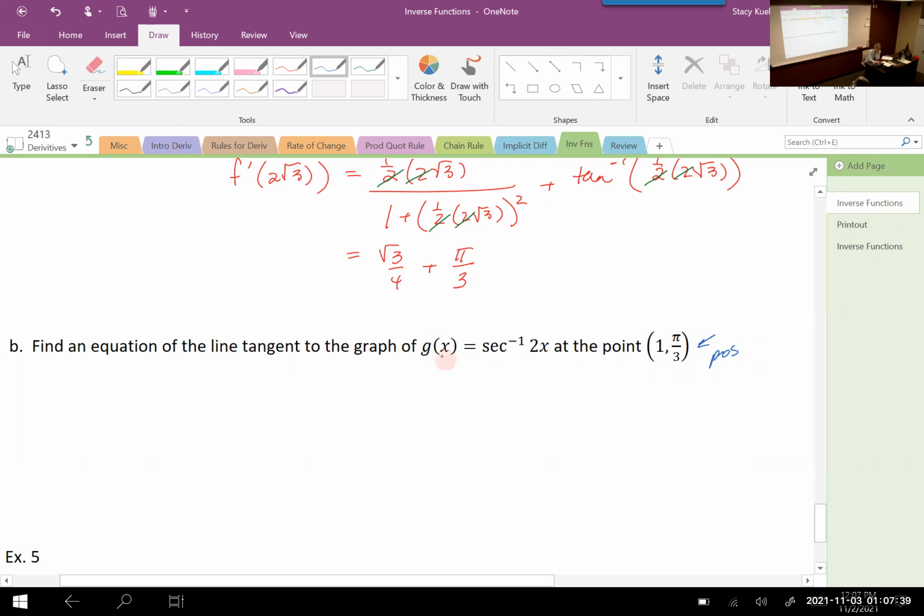So the derivative of g is going to be the derivative of the argument over the absolute value of the argument times the square root of the square of the argument minus 1.